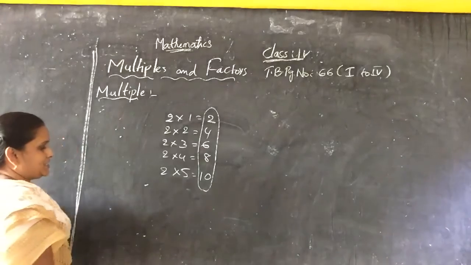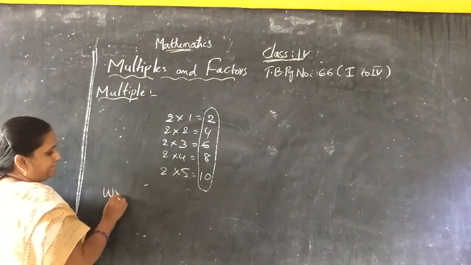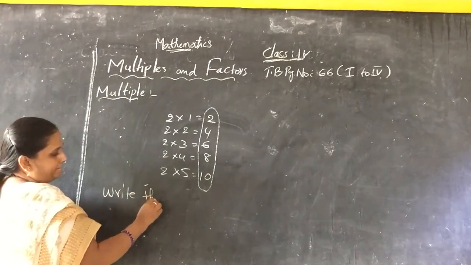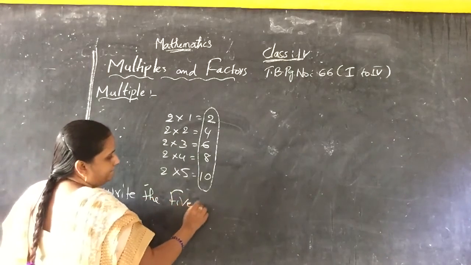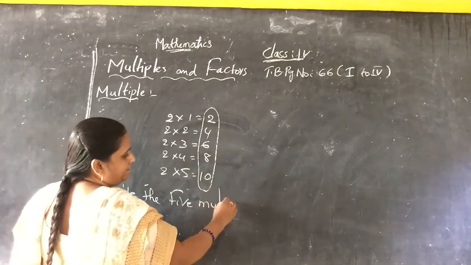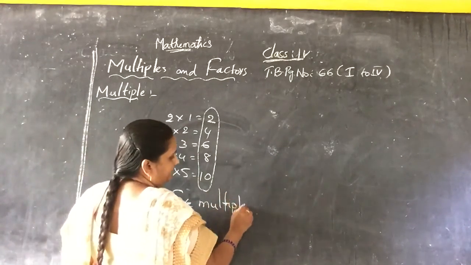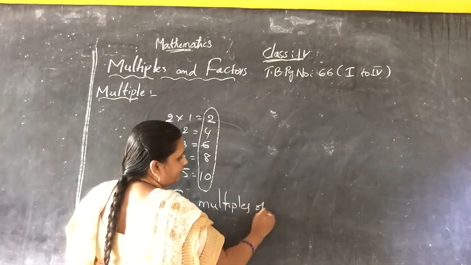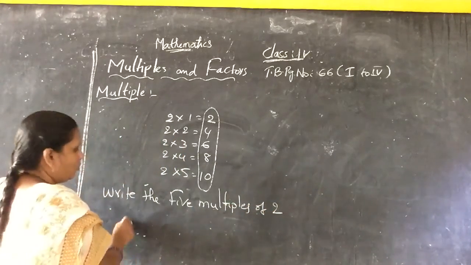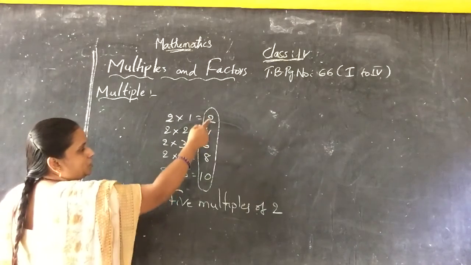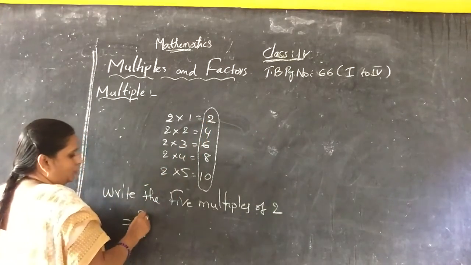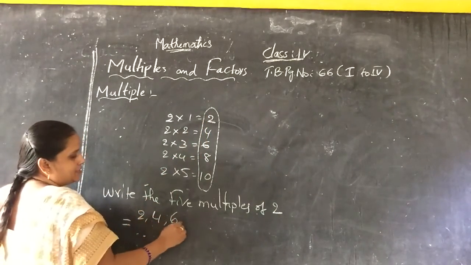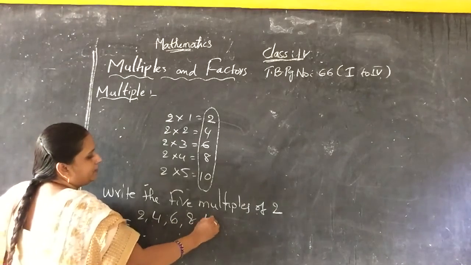So if anyone asks you to write the 5 multiples of 2, what you have to write? This all. The answer is 2, 4, 6, 8, 10.